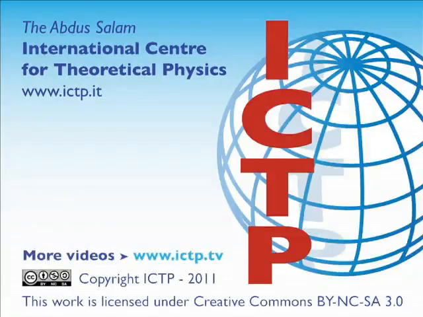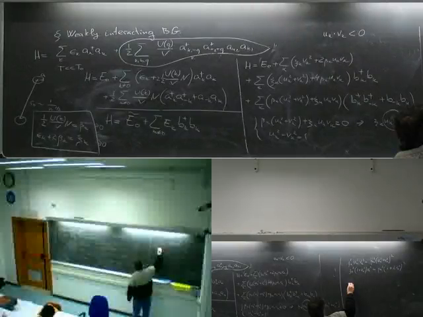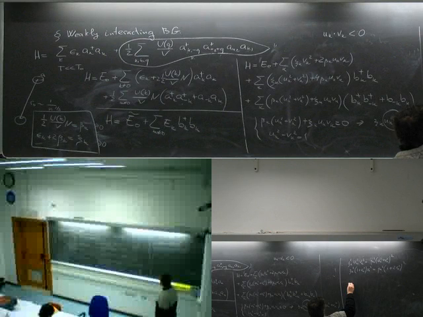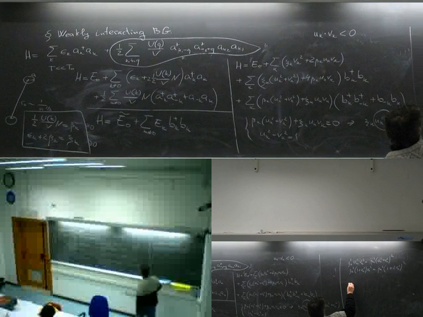So psi k square times (1 plus vk square) is equal to beta k square times (1 plus 2 times vk square). I'm collecting terms.